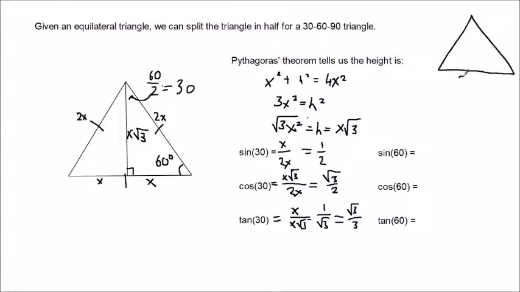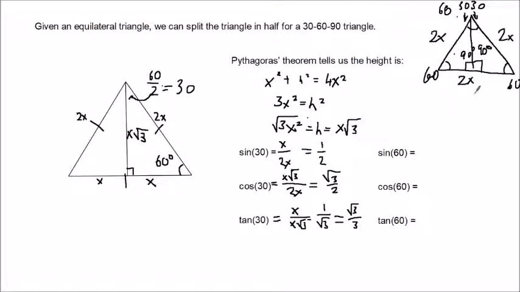All sides are 2x, and all the angles are 60 degrees: 60, 60, 60. So if we split this in half, what are these angles? Well, these angles are 30 degrees, 30, 30. And then these angles are the ones we want to observe, which are right angles, right?